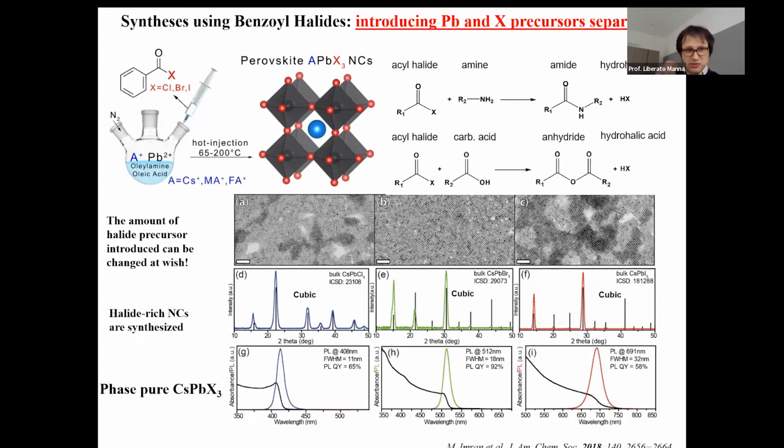Why do we do this? Because by decoupling the benzoyl halide from the lead precursor, we could work under halide-rich conditions, and this led to the formation of nanocrystals with very high quantum yield and good optical properties.